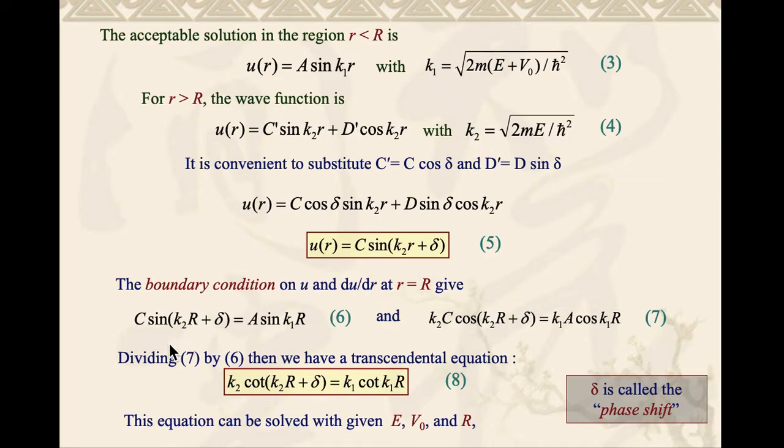And when k1 is equal to k2, this is sin of k1r plus delta equal to A sin k1r. And this will be valid only if this delta is equal to 0. Then only k1r plus delta will be equal to k1r. Okay. So that is, this k1 and k2 will be the same.